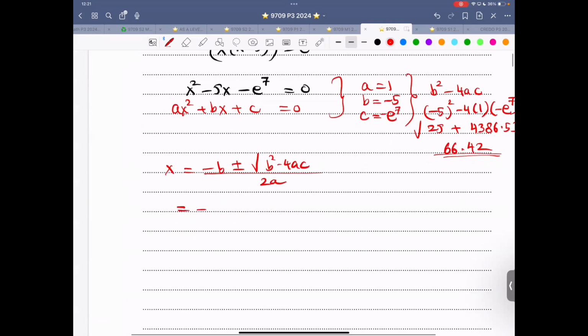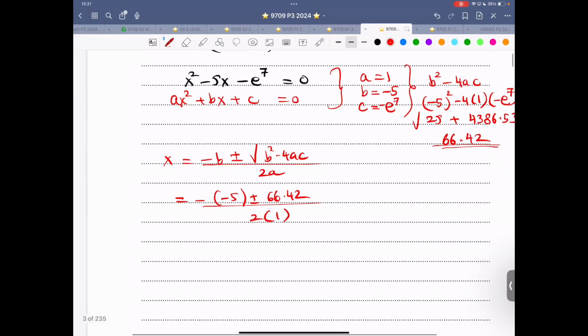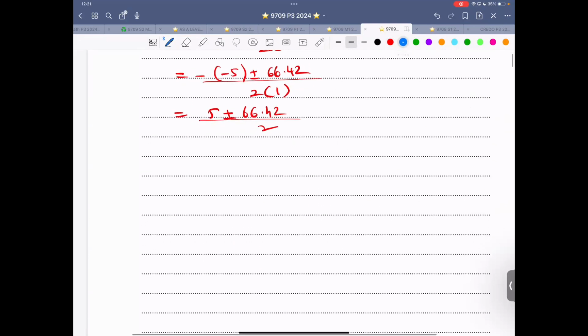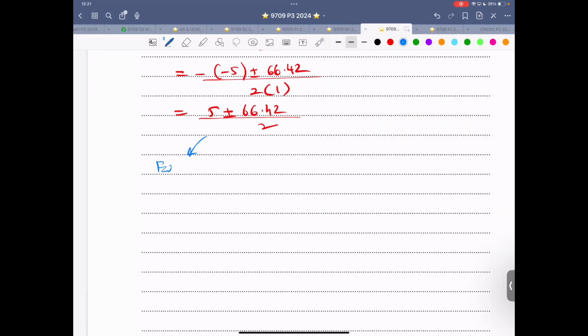So this is minus minus 5 plus minus the square root, that is 66.42, divided by 2 times 1. So this is 5 plus minus 66.42 over 2. Now there are 2 options. The first option is 5 plus 66.42 divided by 2. The other option is 5 minus 66.42 divided by 2.